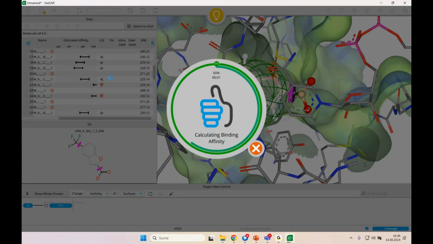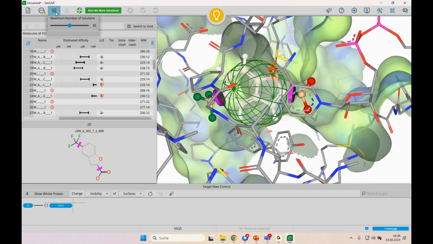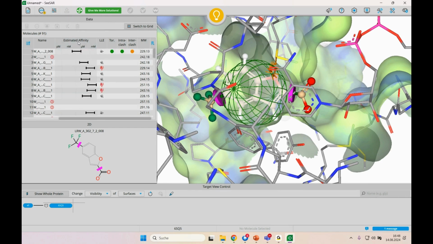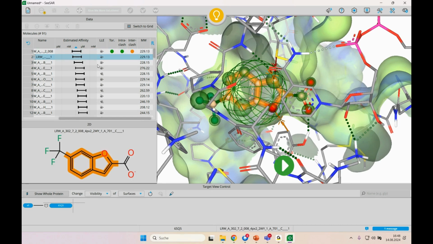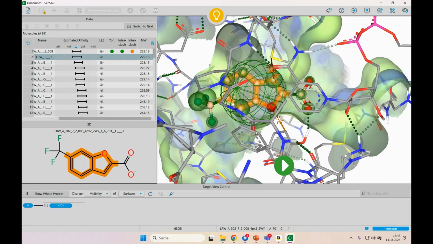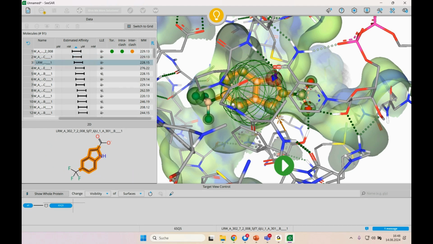So it's now 90 solutions. Let's check. Okay, we haven't found the perfect match, but yeah, it's the same thing the other way around. This is hilarious. So in Indo, I'm actually surprised.